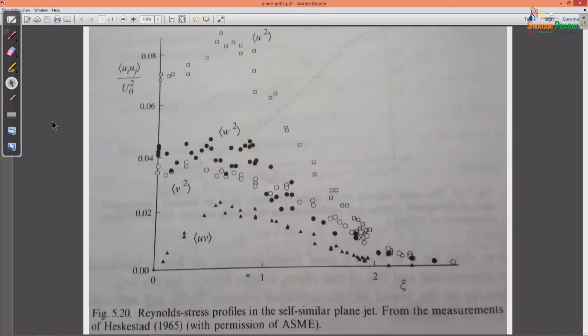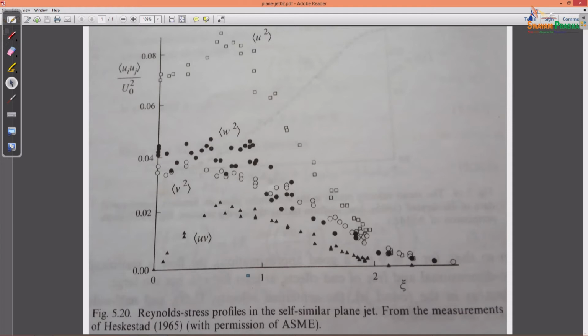Now this is the Reynolds stress tensor, and this is a very interesting plot, again from an experiment in 1965. They've drawn 3 different parts as the data is represented.